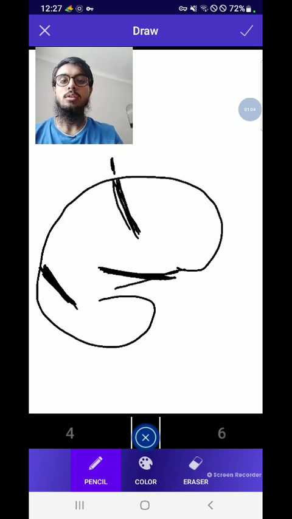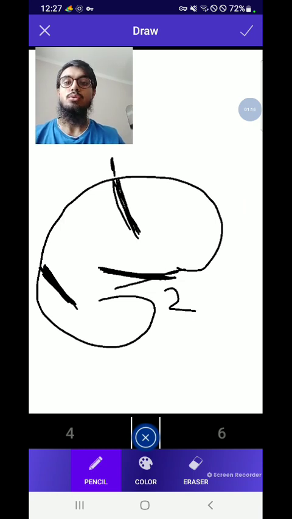First one, this is the central sulcus. Second, this is the lateral sulcus, which separates the frontal lobe and parietal lobe from the temporal lobe. And the third one is the parieto-occipital sulcus.